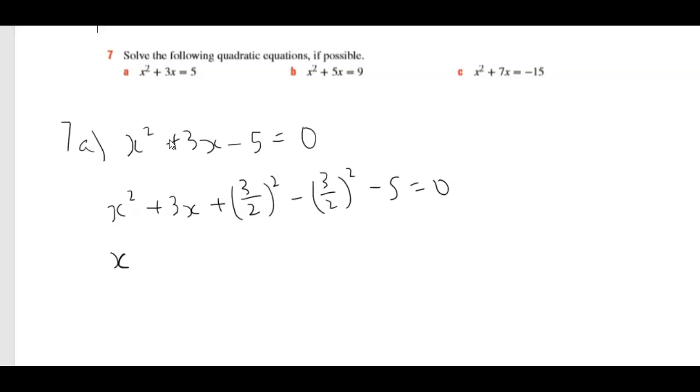So x plus 3 on 2 squared. Just take your time when you're dealing with fractions. So 3 squared is 9. 2 squared is 4. Minus 5. Now you can leave it as minus 5, but we're going to eventually have to deal with fractions here. So let's rewrite that as 20 over 4, just so we've got the same denominator.